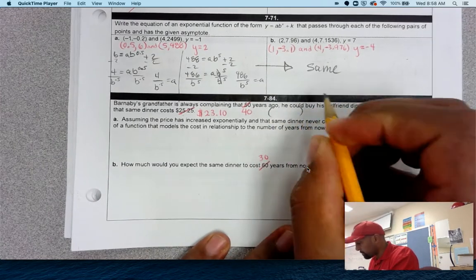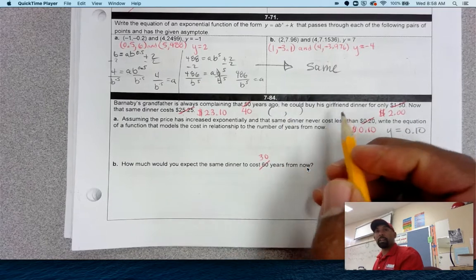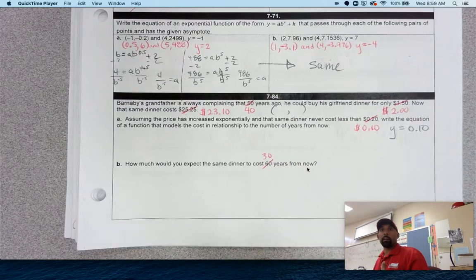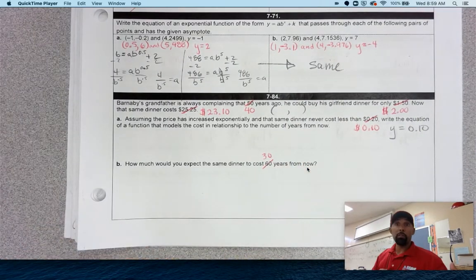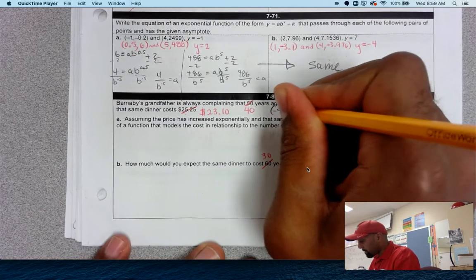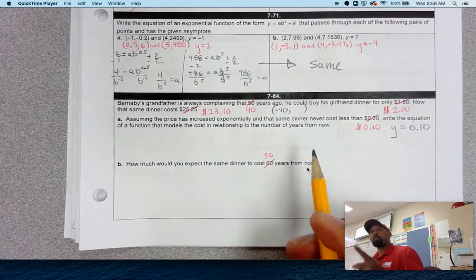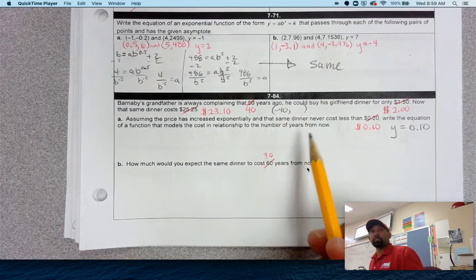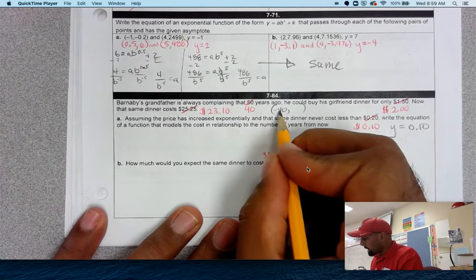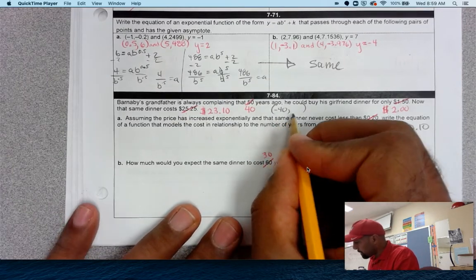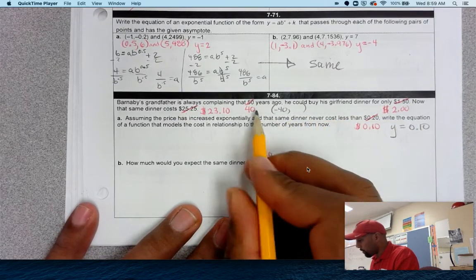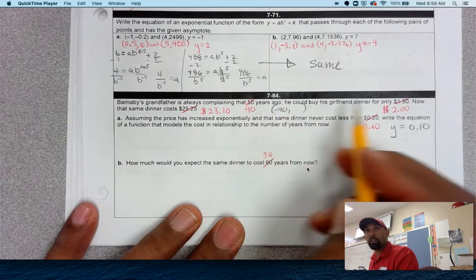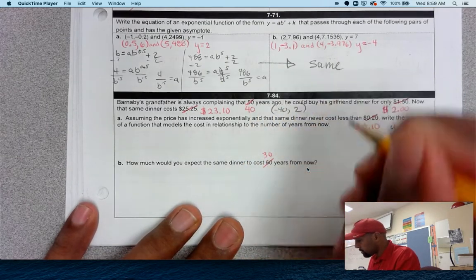Our first point, let's think about right now in time as today, right? 40 years ago is like going back in time. So that means my x value is going to be negative 40. And Miss Menard, if you watch the end of the Edpuzzle, already gave you these values. So negative 40, and then my y value for that time and place 40 years ago is $2.